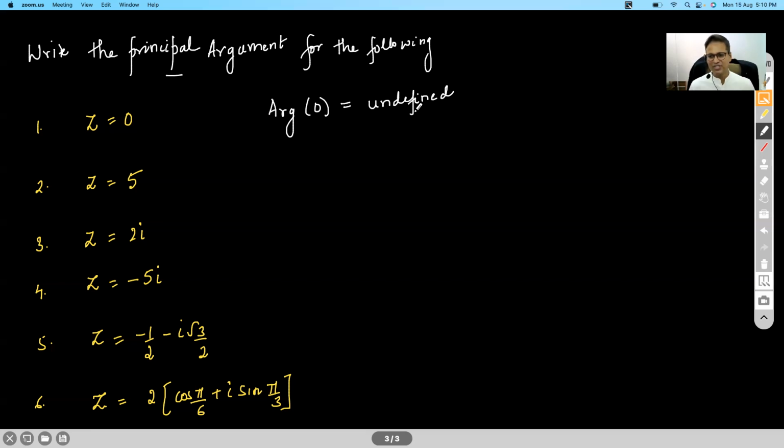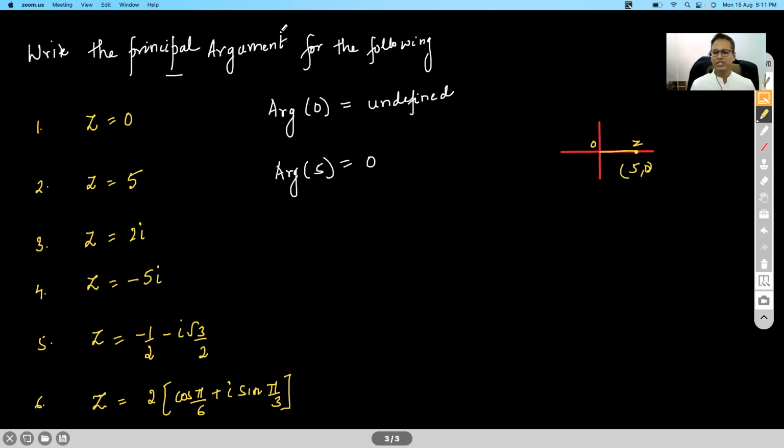Okay. So those who have said 0 for the first one, the answer for the first one is undefined. For the second one, yes, you're right. For the second one, the answer is 0, right? Because if you make 5, 0, let's say this is my 5, 0, the line segment connecting 0 with z is making an angle of 0 itself, right?